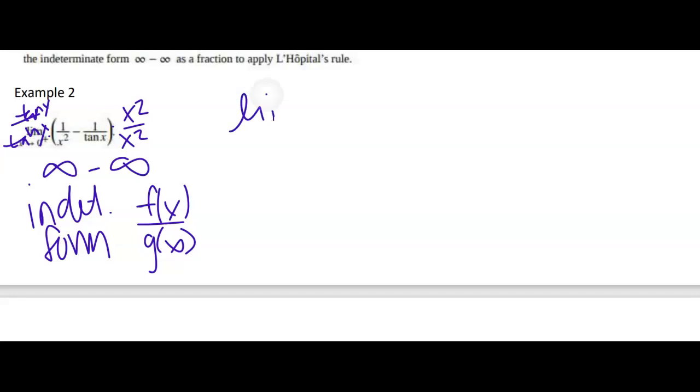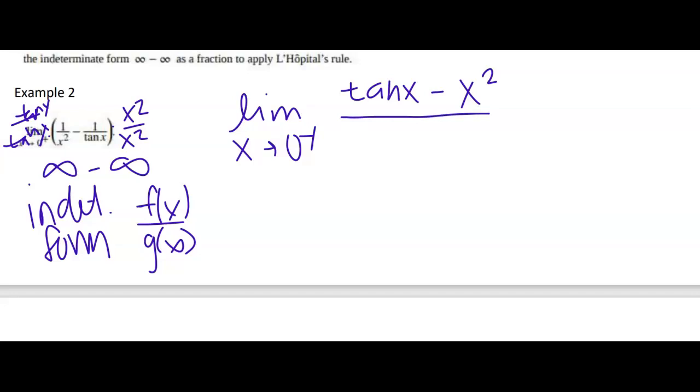And let's see, I have the limit as x goes to 0 from the right of tangent x minus x squared all over x squared times tangent x. Now, if I plug in 0, I get 0 minus 0 all over 0. I can apply L'Hopital's rule here.